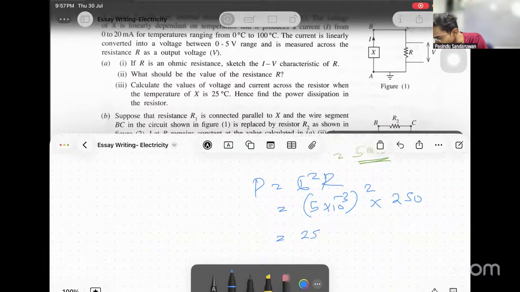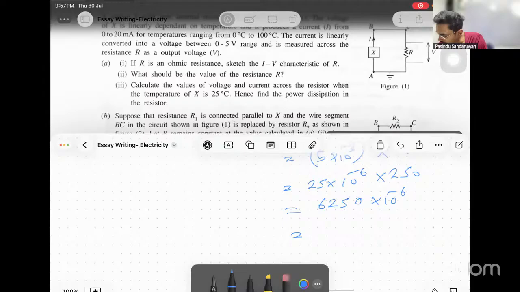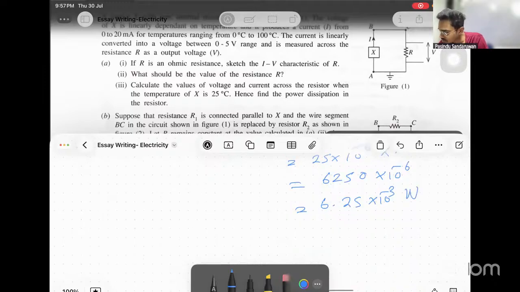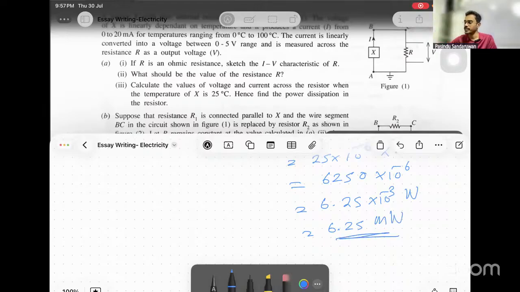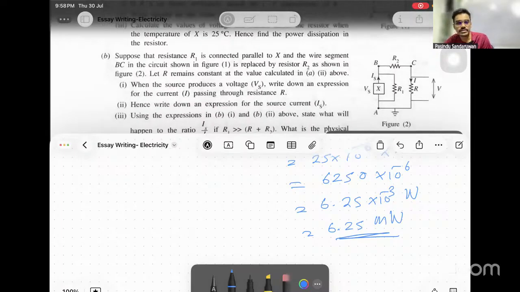Then 5 squared is 25, times 10 to the power minus 6, times 250. 25 times 25 is 625, so 625 times 10 to the power minus 6. We can keep it as 6.25 times 10 to the power minus 3 watts, so that is 6.25 milliwatts. That part is done.